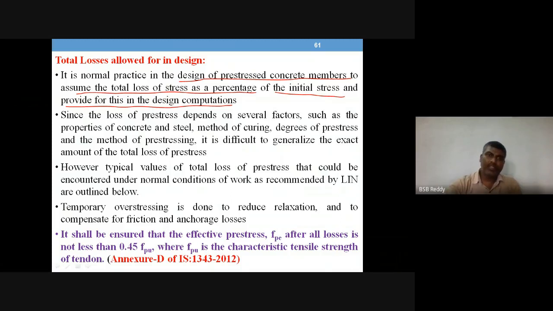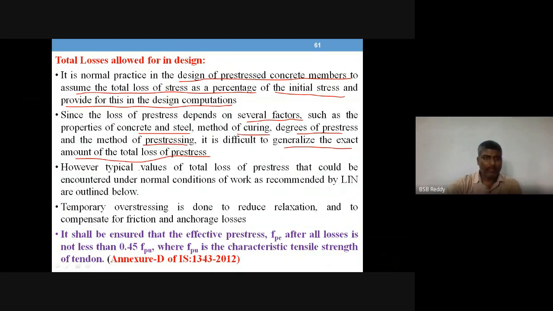Since the loss of pre-stress depends on several factors that we have seen, like shrinkage, creep, relaxation, elastic shortening, likewise curing, degrees of pre-stress and method of pre-stress, it is too difficult to generalize the exact amount of total losses of pre-stress. You can't generalize, just like 20% will be lost, 30% will be lost.